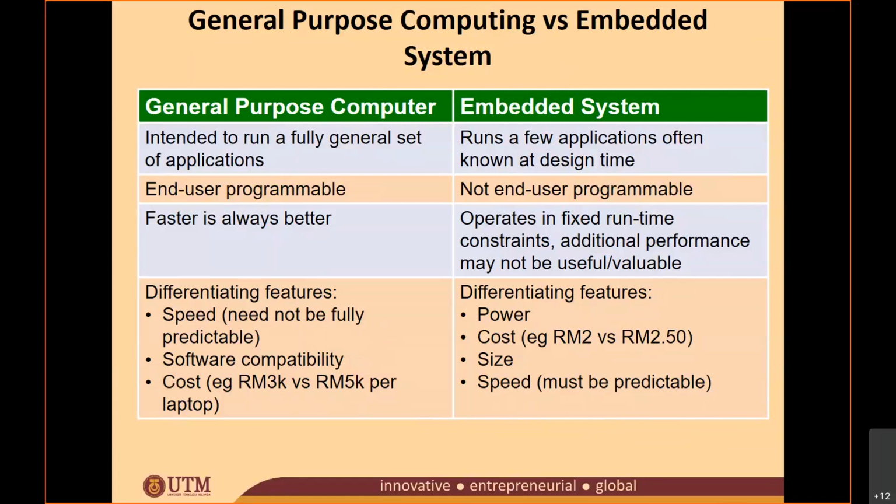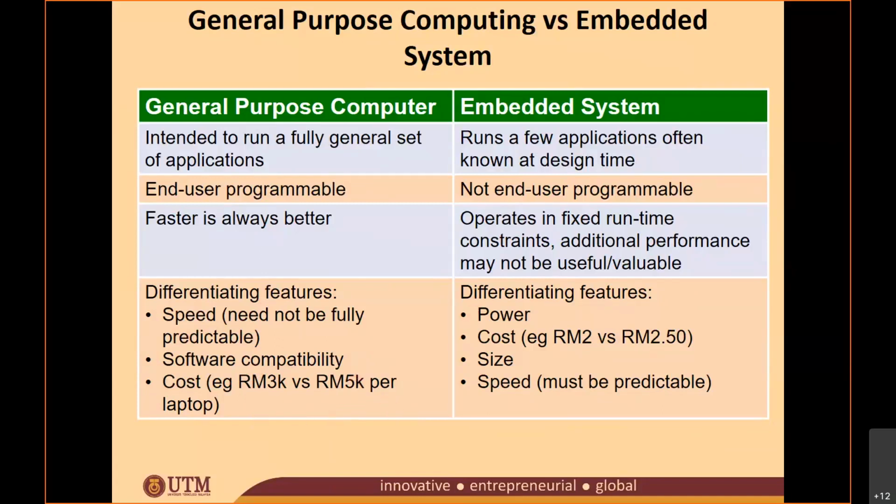And then cost, of course lah, cost is the main factor lah. Ada komputer yang harganya murah, ada komputer yang harga tinggi. But the murah computer is the spec is lower lah compared to the expensive computer.